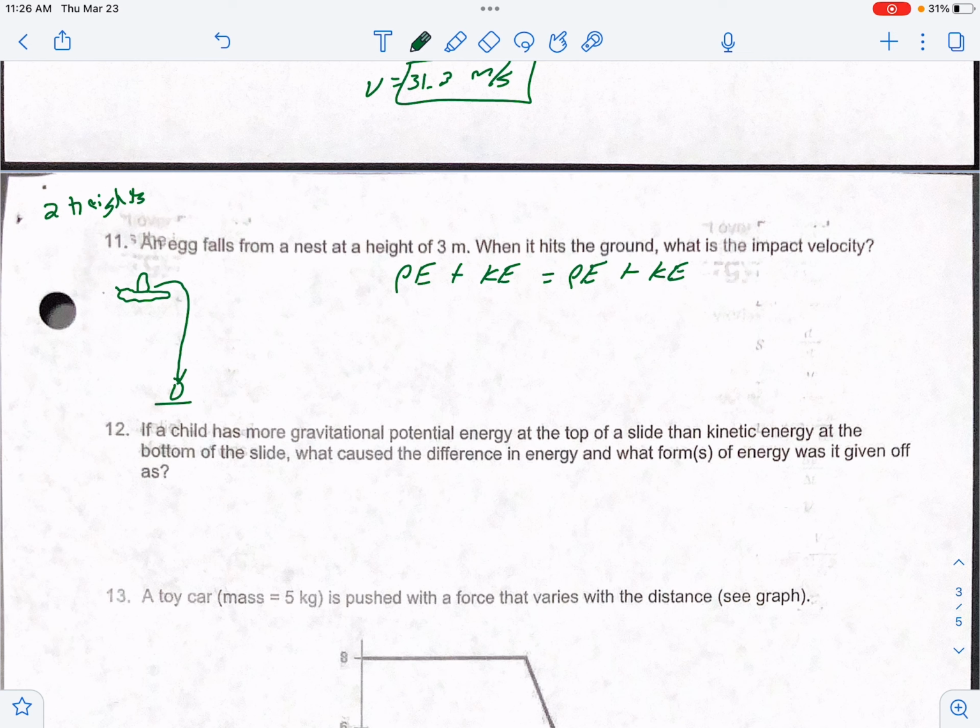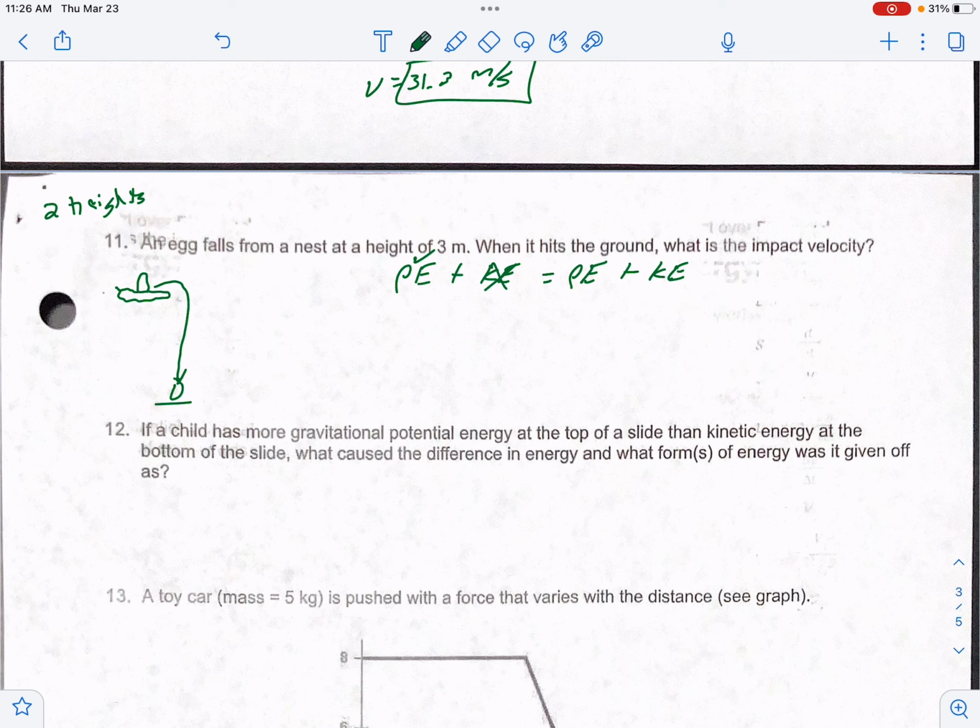Now, when it's sitting in the nest, you've got to look at your PE plus KE. So let's say this is before, this is after. Left side's before, right side's after. So I'm going to kind of clear this up so I have some room. Before the egg leaves the nest, it's just sitting there. It has height, so it's got potential energy, but it's not moving.